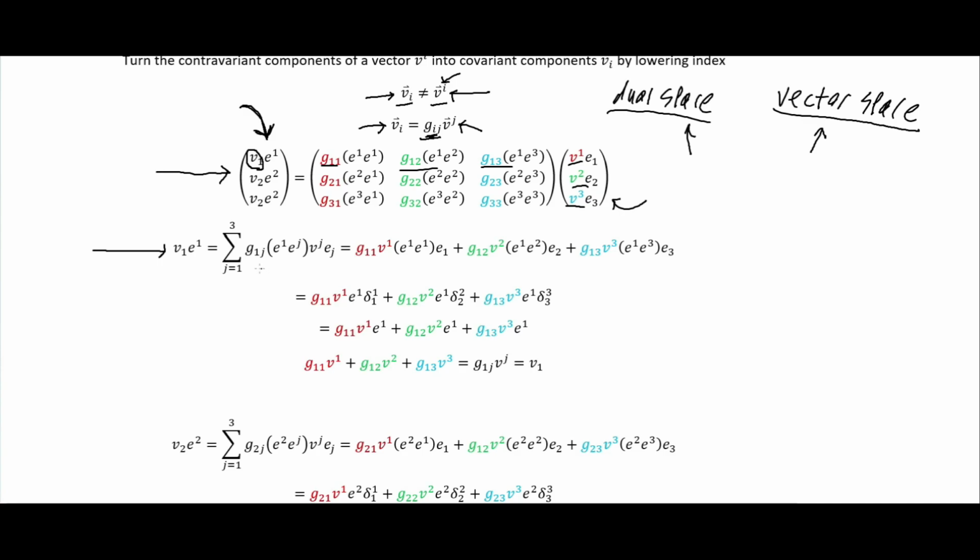You see I have the G1J, and then these are the bases for our metric tensor. Then we have the VJ, EJ, which is the vector component multiplied by its basis. This is how it looks as a summation right here, and then I have expanded it out explicitly here.